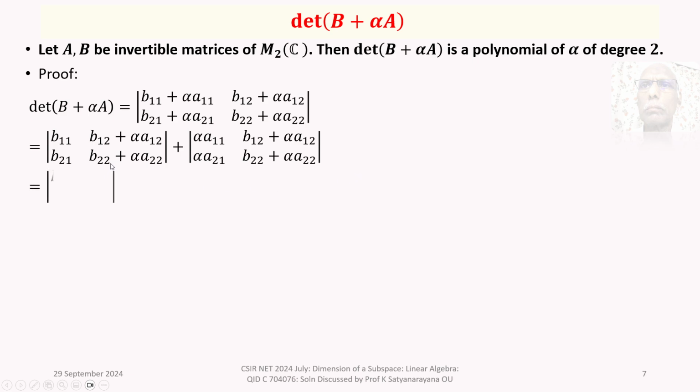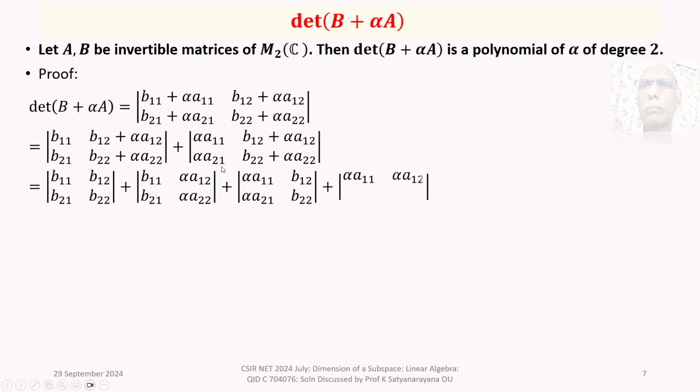So further, this one is this, and this, and this. So 2 power n, where n is the order of the matrix, 2 square. So 2 square determinants you will get. So what is the first one?